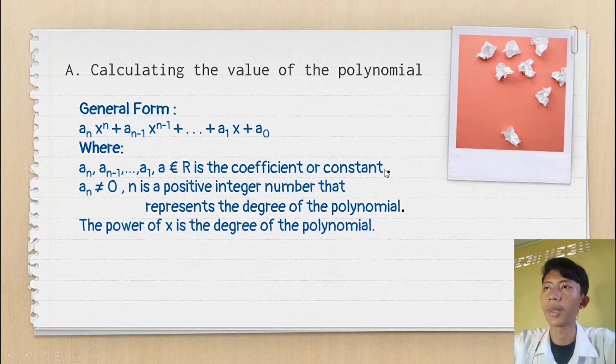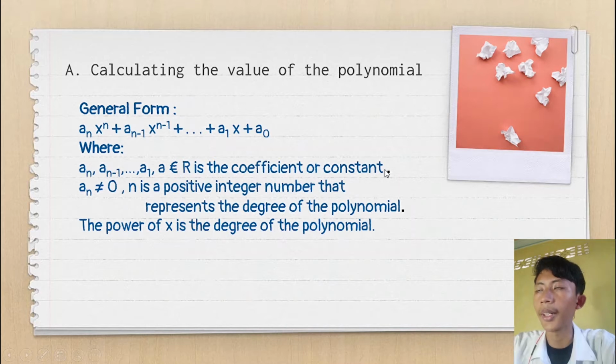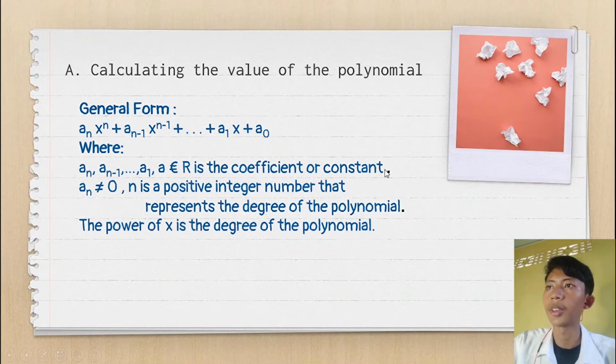The general form of a polynomial is a_n x to the power n plus a_(n-1) x to the power n minus 1 plus, until, plus a_1 x plus a_0, or constant, where a_(n-1) until a_1 and a_0 are elements of the real numbers and are the coefficients or constants. a_n is not equal to 0, and n is a positive integer that represents the degree of the polynomial. The highest power of x is the degree of the polynomial.